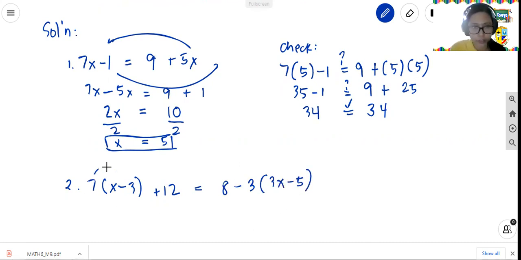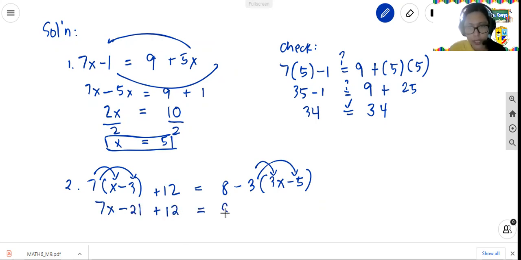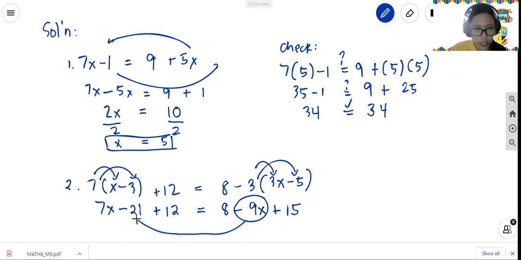So we will have here, it should be in the parentheses, 7x minus 21 plus 12 equals 8 minus 9x plus 15. Negative times negative is positive. So this one needs to go here. This and this need to go here.